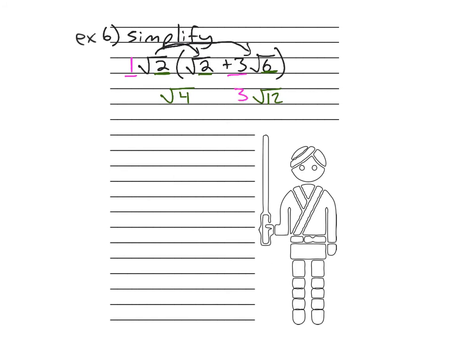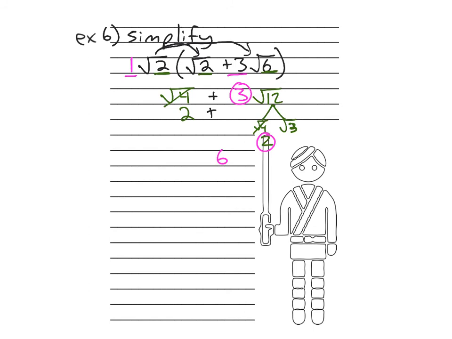All right, so we still have more simplifying to do. So root 4 is actually equal to 2. And now we have plus 3 root 12. So hopefully you remember root 12 can be broken down with a perfect square of 4 times 3. So root 12 will turn into a 2 that comes out that multiplies with the 3 already out here. 2 times 3 will give us 6.